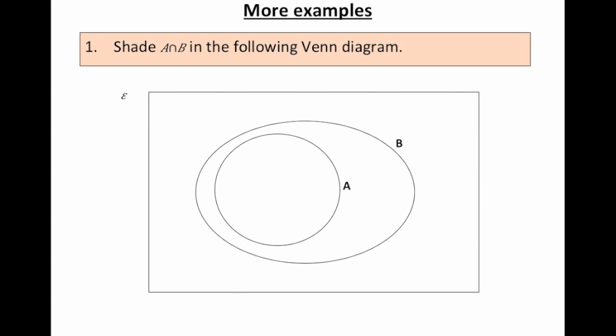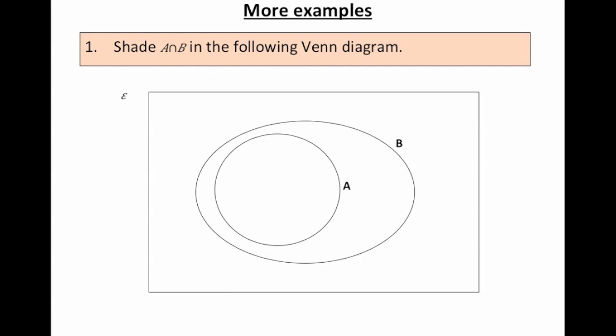Now, let us look at how we are going to shade A intersect B in the following Venn diagram. Recall that previously we have agreed that to shade A intersect B, we will shade the region that is common to both sets, or in other words, the region where both sets overlap.